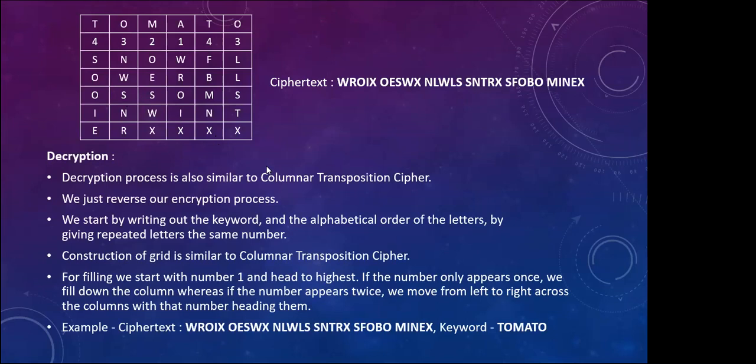Now for decryption, the calculation for constructing the grid is similar to the columnar transposition. Just while entering the ciphertext, we do the reverse of what we did in encryption. The grids are constructed in the same way as in the columnar calculation.